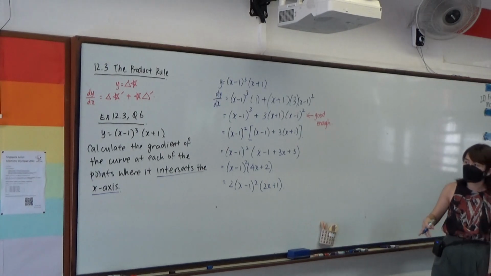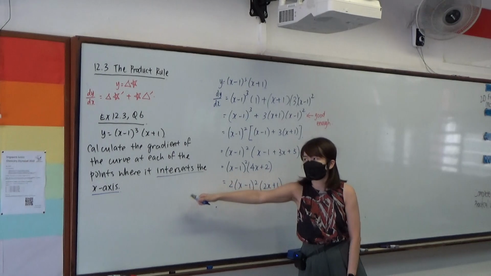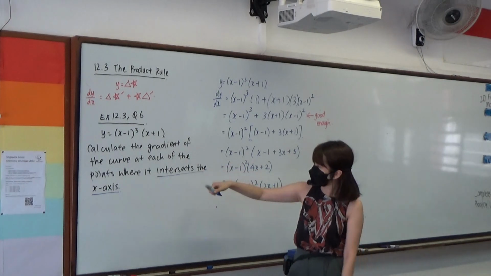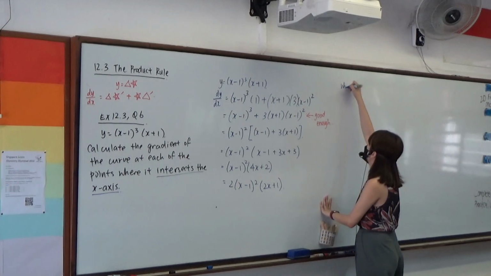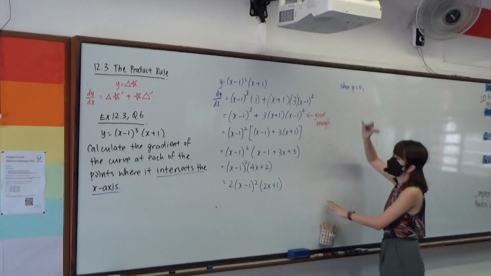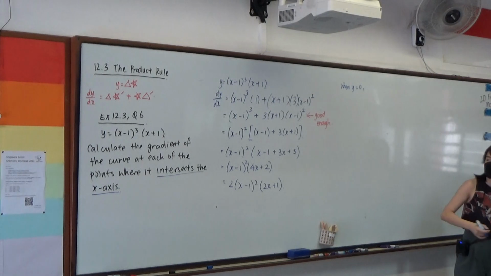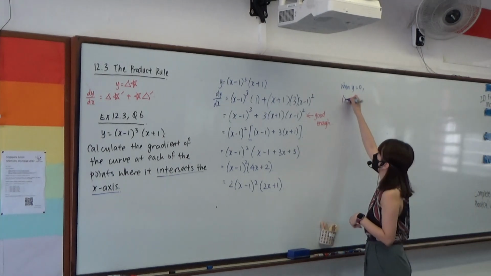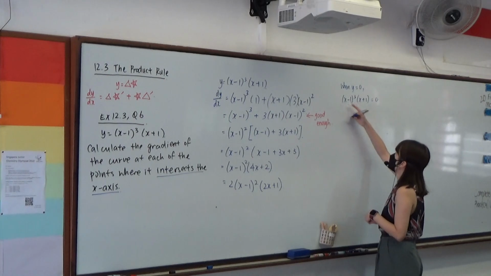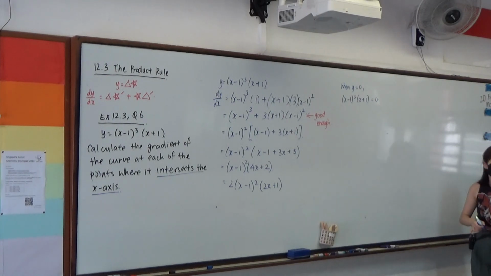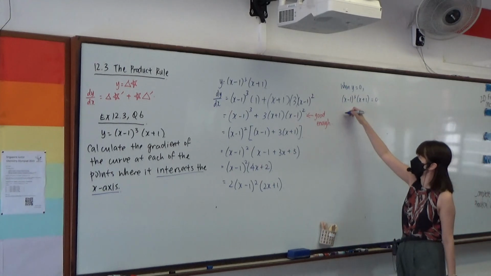The question wants us to find the gradient where the curve intersects the x-axis. That means when y equals 0, because that is where the curve intersects with the x-axis. So we are trying to solve this when it equals 0, and that will give us x values.